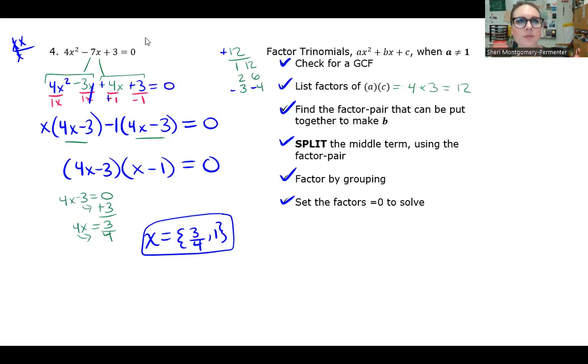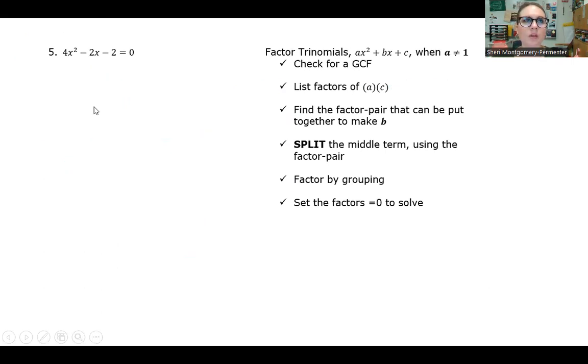All right, next problem. For this one, is there a number that I can divide out for all of these? Yeah, let's try it. Let's divide it out to 2. That might make our lives a little bit easier.